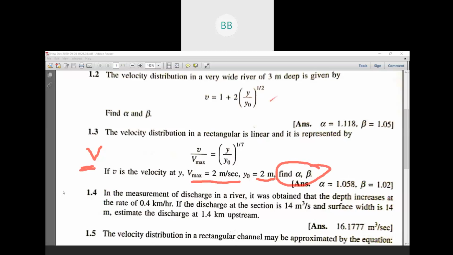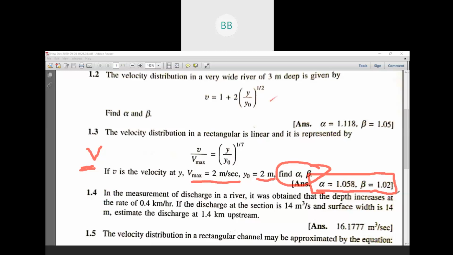And you can note down the answer: alpha is 1.058 and beta is equal to 1.02. So in the next class we are going to discuss uniform flow.